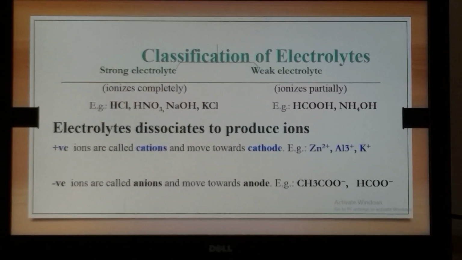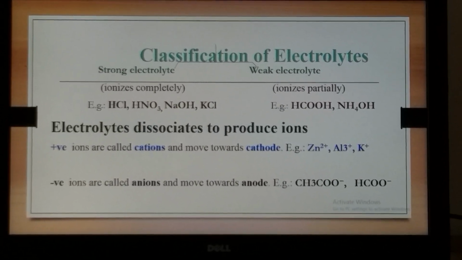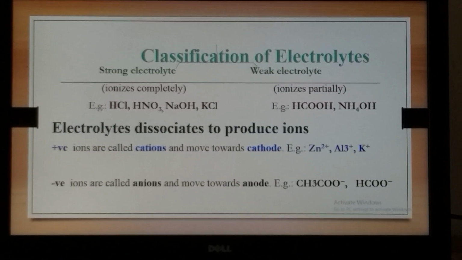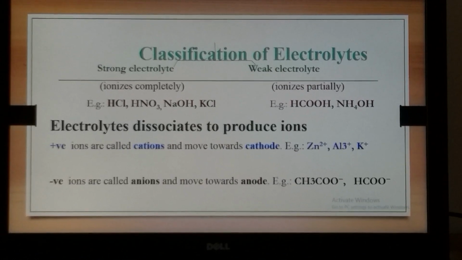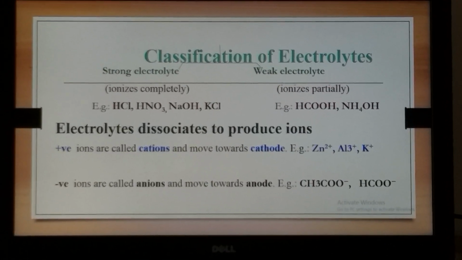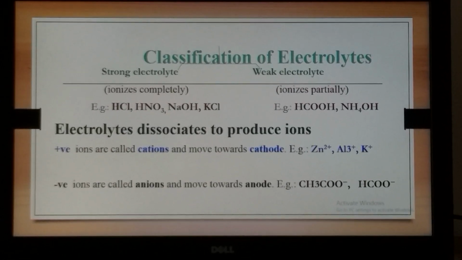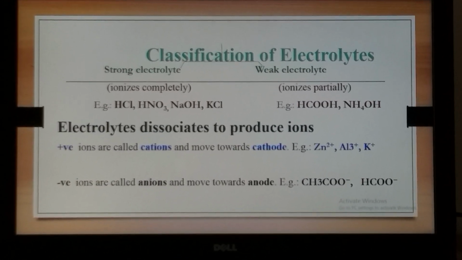We can classify the electrolytes on the basis of their ionization. The electrolytes which ionize completely are called strong electrolytes, whereas the partially ionized electrolytes are called weak electrolytes.